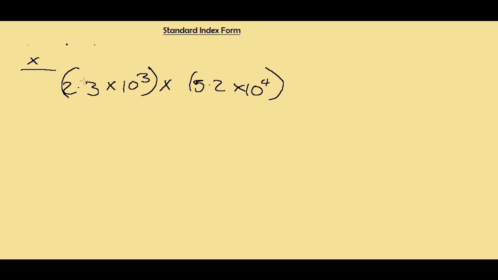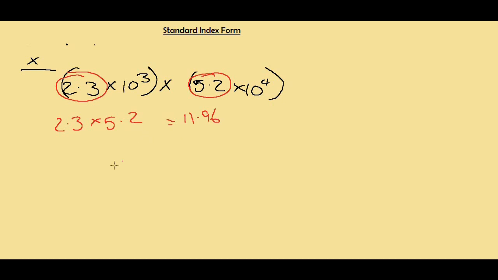So what we're going to do is separate it. So 2.3, and we're going to multiply this by 5.2. So 2.3 times 5.2 makes 11.96. You can check that on your calculators if you want.